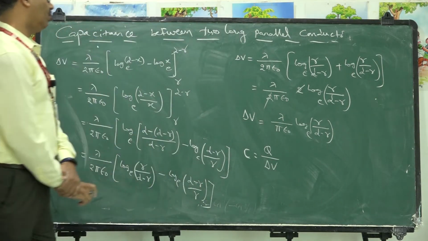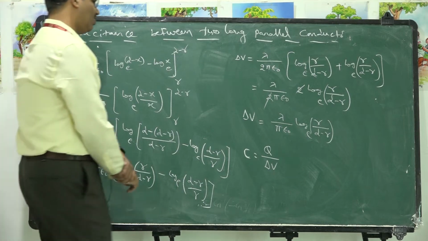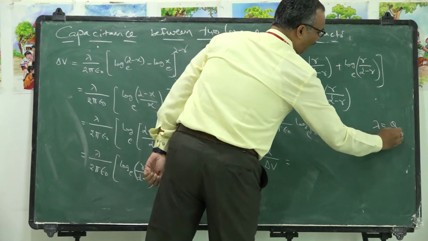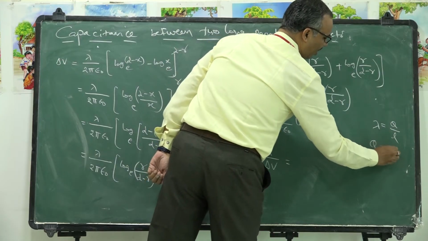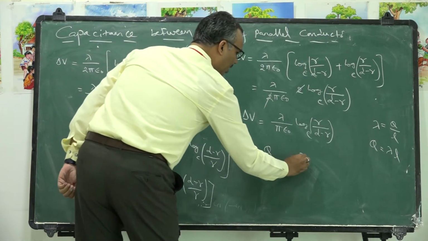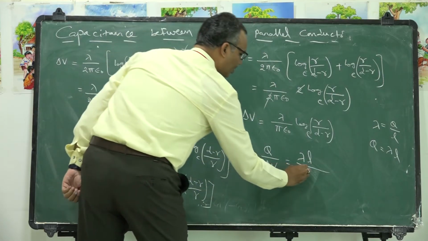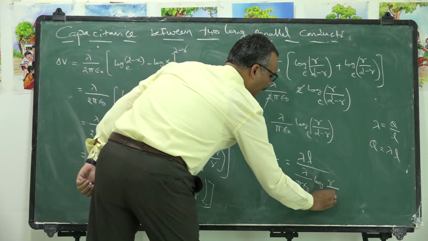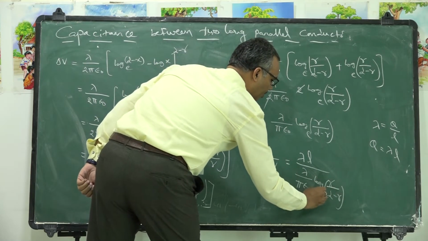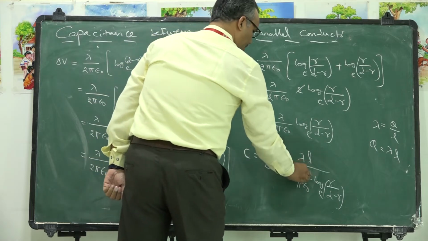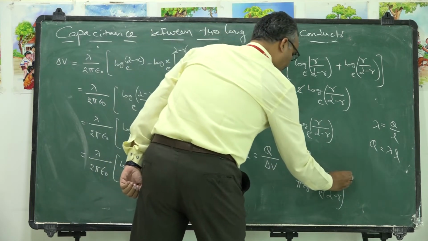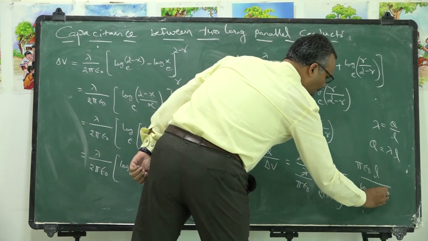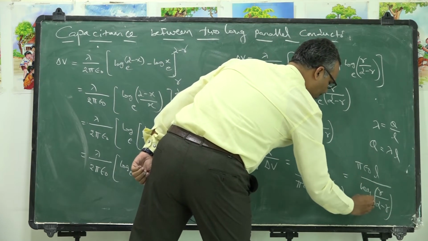If L is the length of the conductor, you know that lambda is equal to Q by L. Then Q is given by lambda L. So lambda L by potential difference is lambda by pi epsilon naught log r by d minus r to the base e. So lambda gets cancelled. So the answer is pi epsilon naught L by log r by d minus r to the base e.